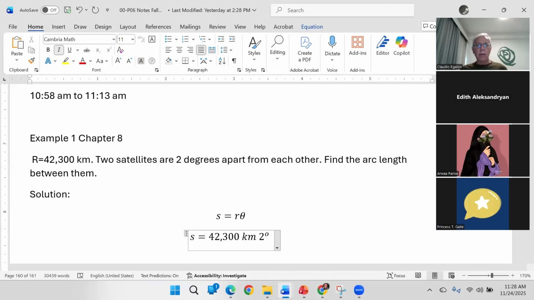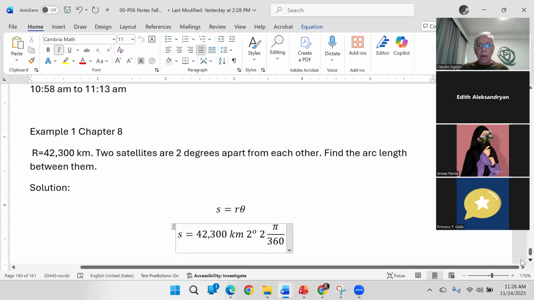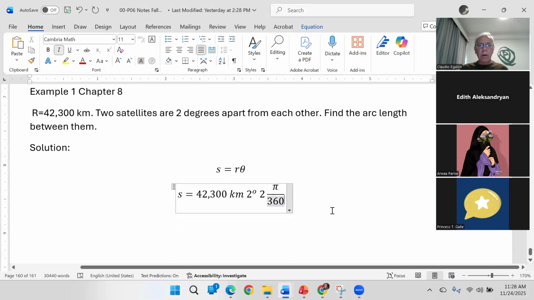And in order to convert this degree in radians, what do we do? We have to multiply by 2 pi and divide by 360 degrees. That's how we convert one into the other.